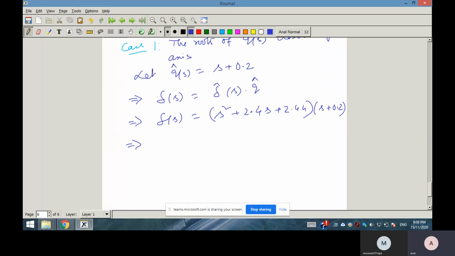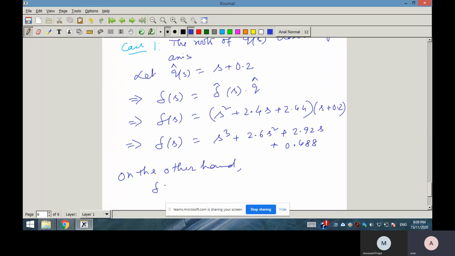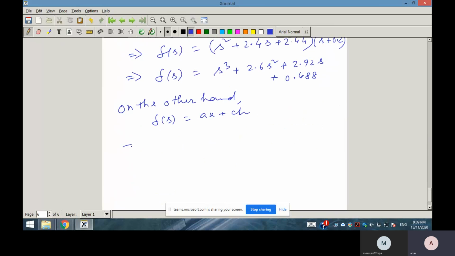So this implies your desired delta S, if you multiply, will come out to be S cube plus 2.6 S square plus 2.92 S plus 0.488. On the other hand, what we are getting, delta S is AK plus CH. So this implies again delta S will be equal to what?